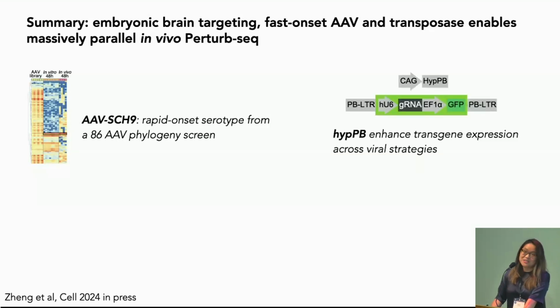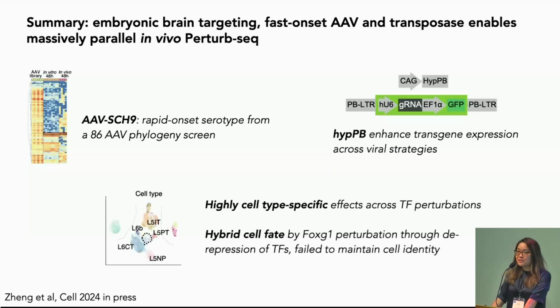What I didn't tell you is the transposase that further improved the guide RNA capture in the single-cell analysis that led to the discovery of how these different transcription factors and their phenotypes are extremely specific to the cellular context, such as the FOXG1 loss of function leading to the de-repression of transcription factors in the layer 6 cortical thalamic neuron that we do not observe in other excitatory neurons sitting in the same layer or coming from the same developmental lineages, and underscoring the importance of using single cell and cell type specific approaches to start reading out these functional annotations of the genome.